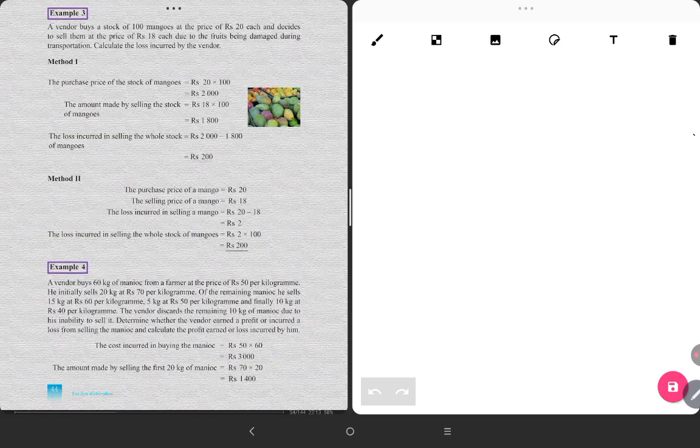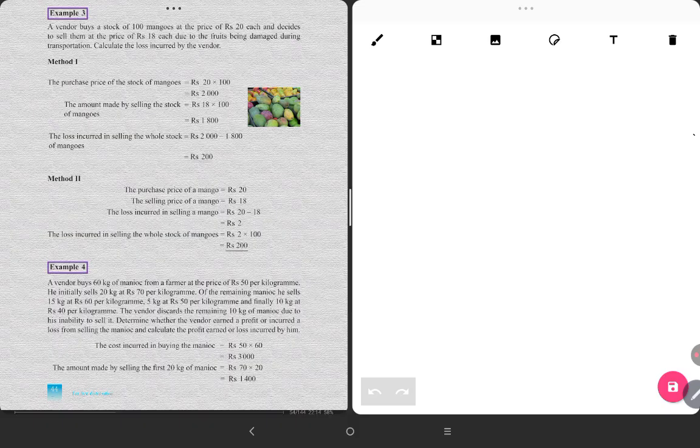A fruit seller might have purchased each mango at rupees 20, but because it's getting damaged or getting a little more ripe than it should be, he might decide to sell it at 18. Otherwise he will have to throw away all the mangoes without being able to sell. So he's actually making a loss in this case.